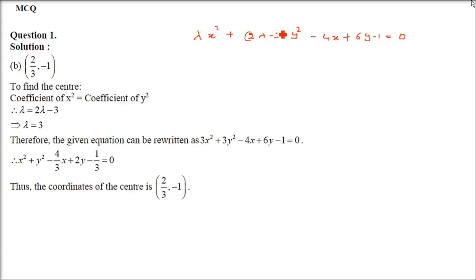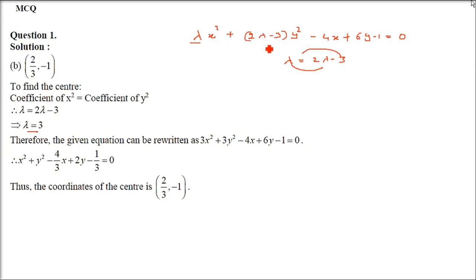What are the coordinates? First thing is that the coefficient of x square and y square should be equal. So lambda and 2 lambda minus 3 should be equal. So what do you get? Take 3 here. 2 lambda minus lambda is 3. So lambda is 3 here.